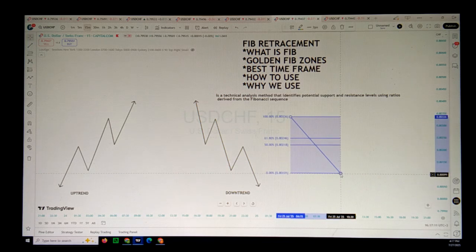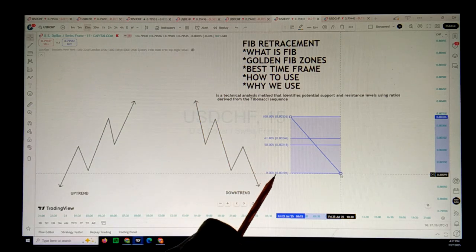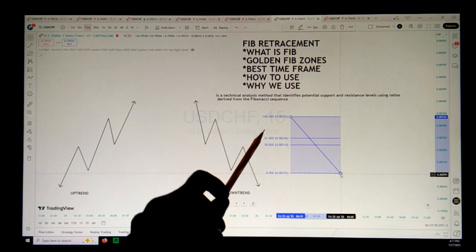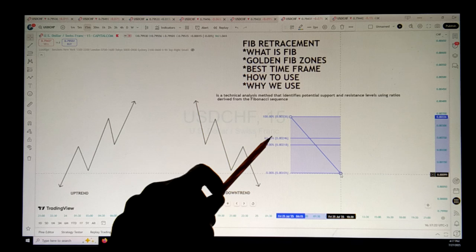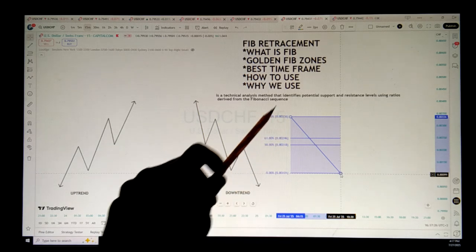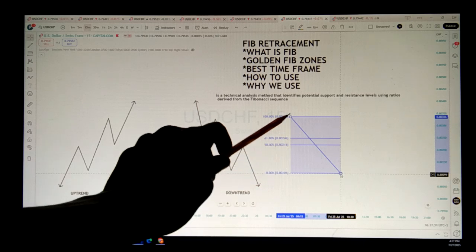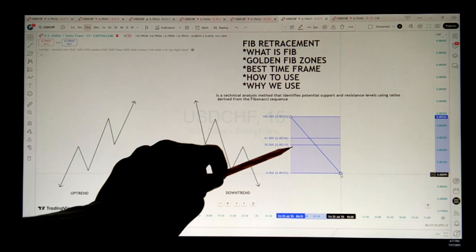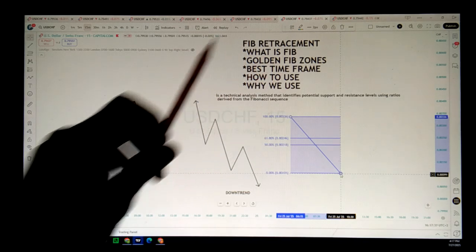So when I drag on our chart, you can see this is the 0% zone. This is the 50 and 60% zone where most of the reversals happen when the market is on a trend. So 50 and 60% is where the market most of the times makes reversals. And then we have the 100%. So from 50% to 100%, that's our premium zone.